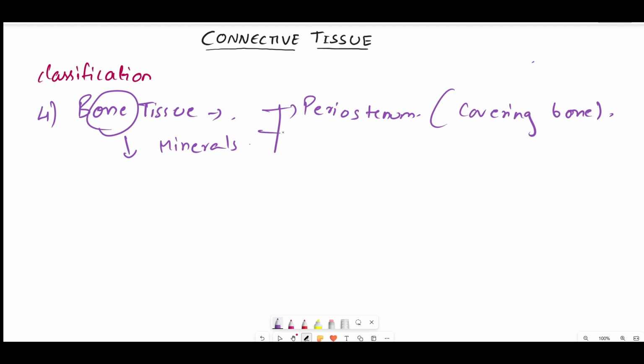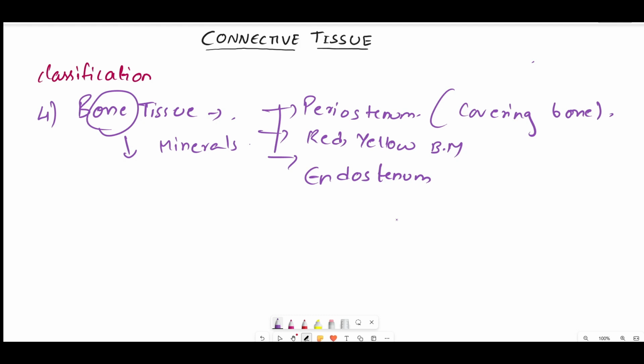And in this we also have the red and yellow bone marrows. And the third one is the endosteum. The endosteum is a lining of the bone. The space in the bone will be lined with this endosteum.